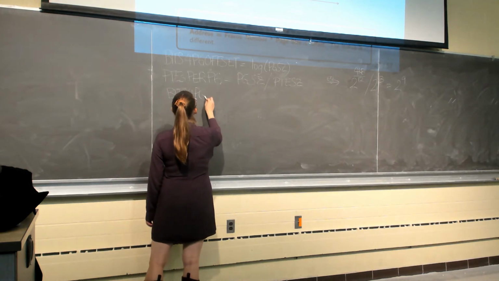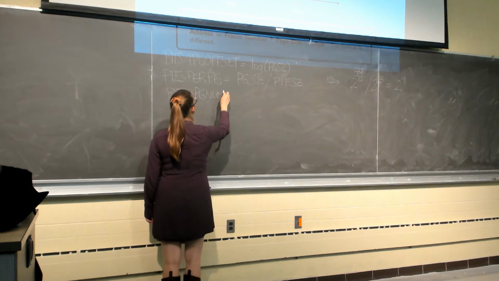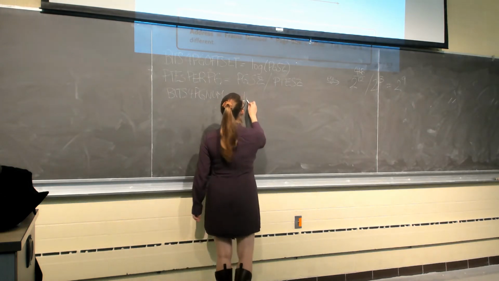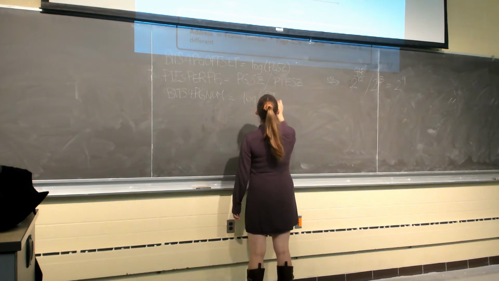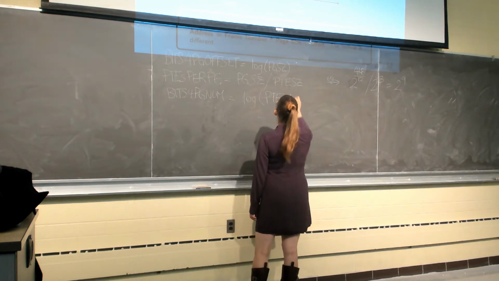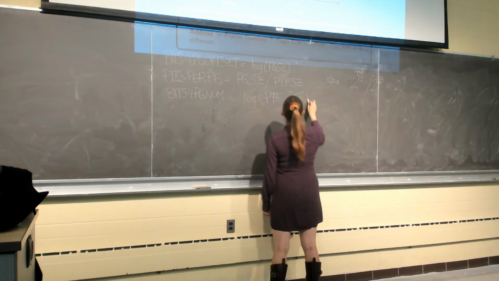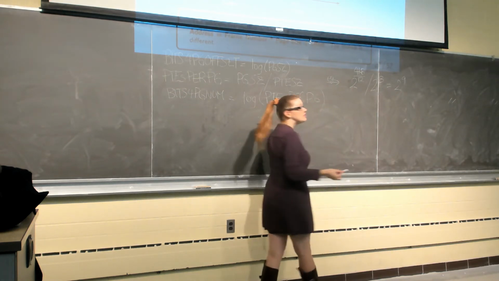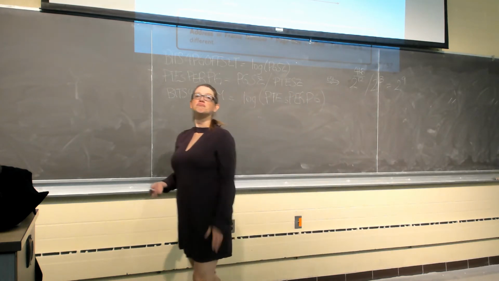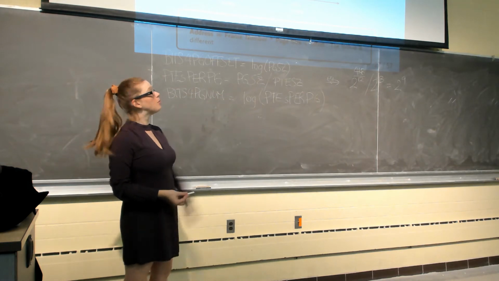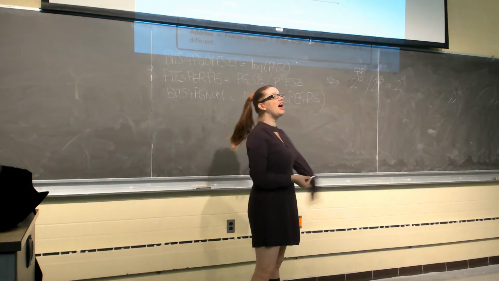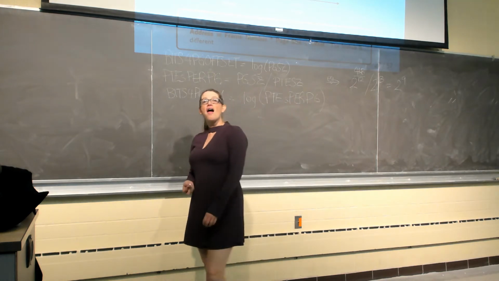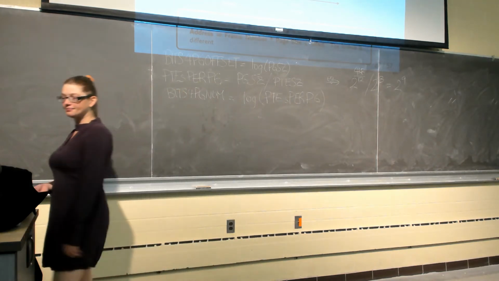So the bits for the page number is the log of the number of page table entries per page. So in this particular example, where we have 2 to the power of 9 page table entries per page, we need 9 bits to index that table. Not too bad.